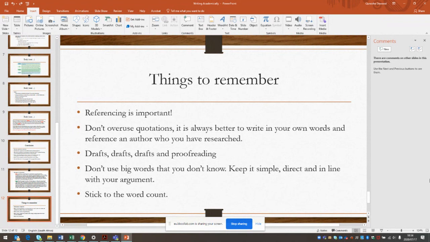So perhaps your last paragraph, which you've worked really hard on, doesn't get marked. Okay, so word count is there to guide you, and don't look at it as oh, I have to write so much, or how am I going to do this in so few words? Okay, it's just a guide that is helping you shape your argument.